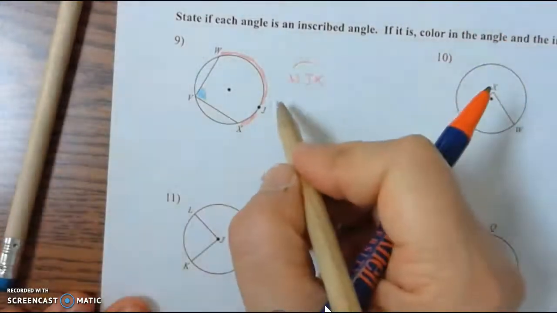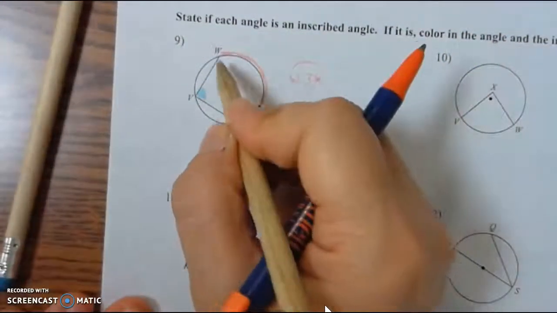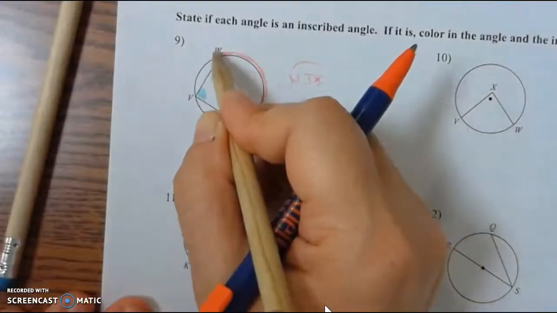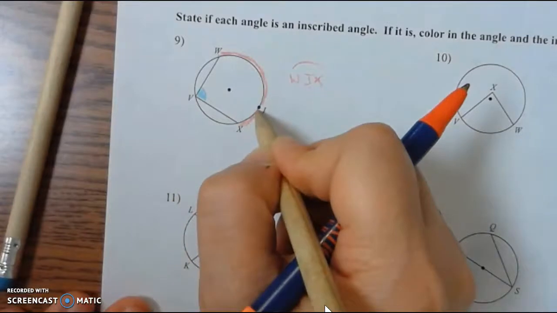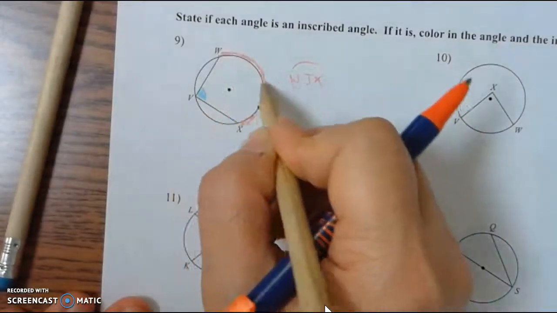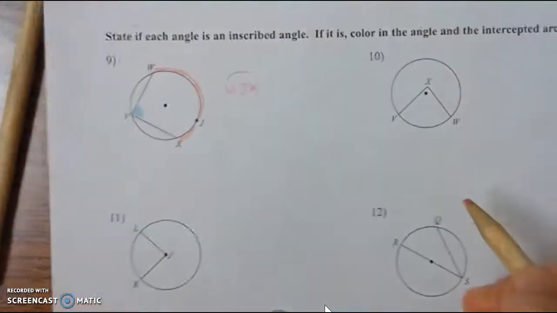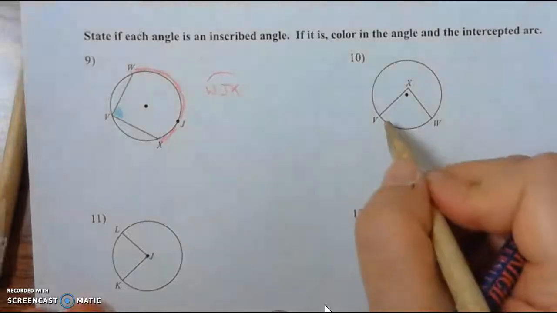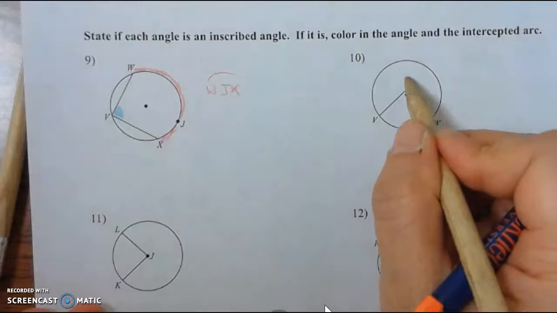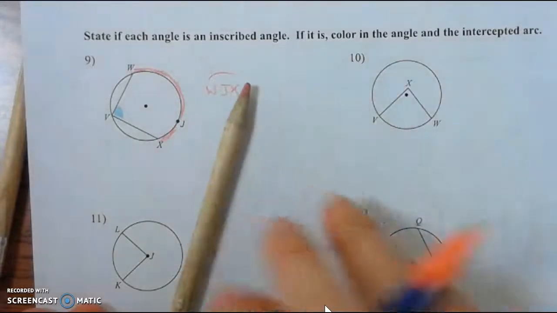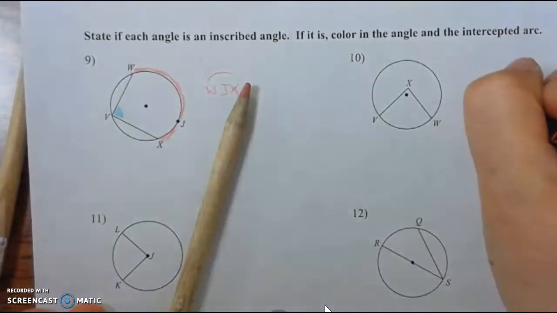If I just wrote WX, it could be this side or it could be this side. But by putting in the middle letter J, we know that it is this side of the arc that we're talking about. Alright, so what about this? The point X is not on the circle, so it is not an inscribed angle.